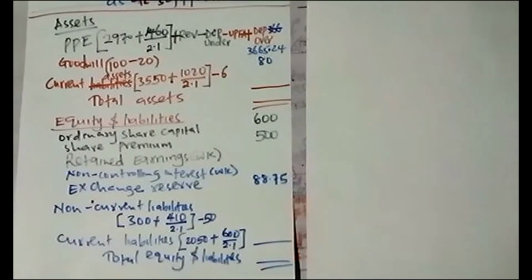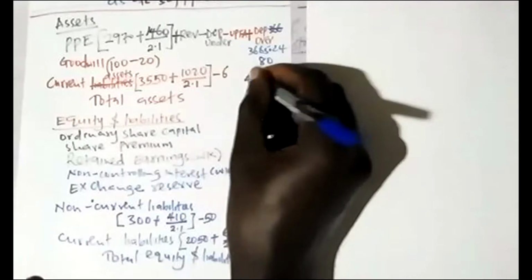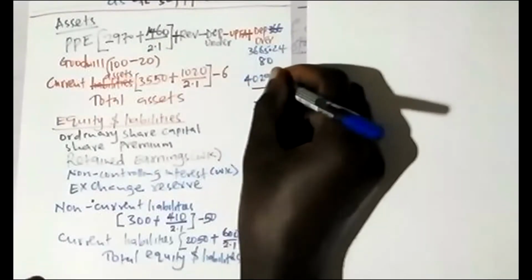Then for the current assets, I can see here under my calc, after taking 3530 plus 1020 divided by 2.1 minus 6, I'm getting 4029.71.